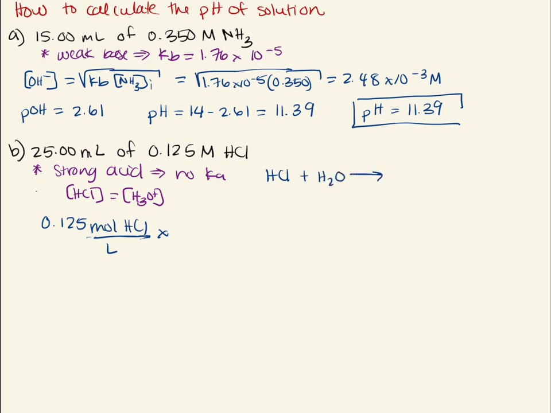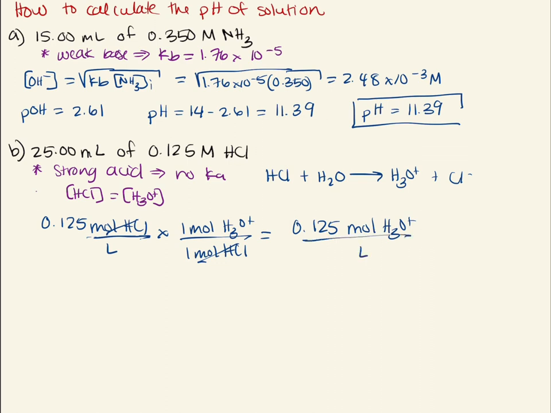And it is a complete dissociation, not a partial dissociation. So it does not exist in equilibrium. So I have 1 mole of hydronium ion per 1 mole HCl. So now my moles of HCl cancel, and I'm left with 0.125 moles of hydronium ion per liter.